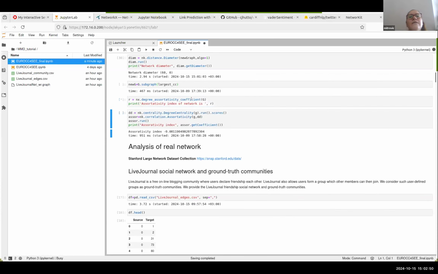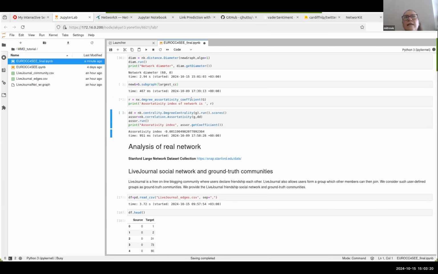The assortativity index shows us how nodes of different degrees are connected with each other. What is the degree of a node? The degree of a node is the number of connections that node has with the rest of the network. So it basically shows how many first neighbors a node has. In social networks, nodes of similar degree tend to be connected with each other.